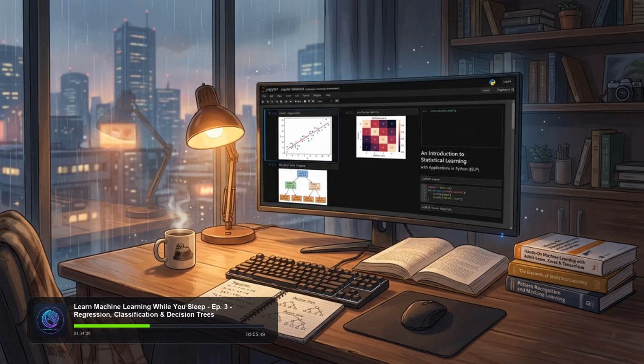The probability mass function for a single binary observation can be written compactly as p raised to the power of y, multiplied by 1 minus p raised to the power of 1 minus y. When y is 1, the second term collapses to 1, leaving p. When y is 0, the first term collapses to 1, leaving 1 minus p.